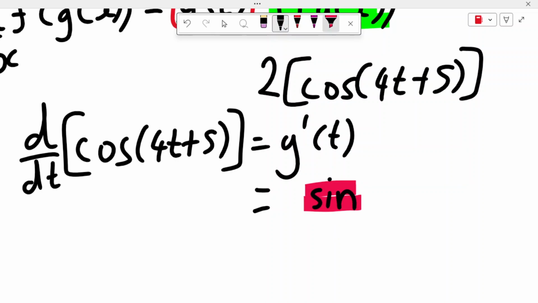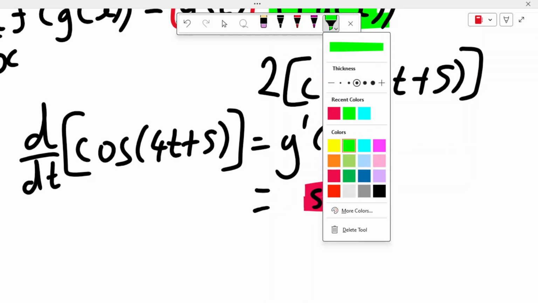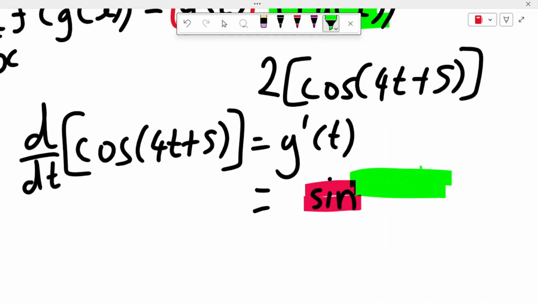Step number 2 is the guts of it will have to be the same, so that will be 4t plus 5. Step number 3 is saying what the sign will be at the front. Will it be a positive or a minus?